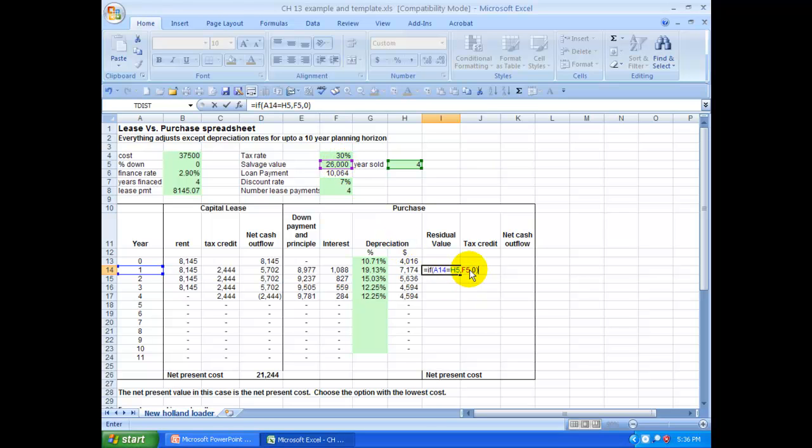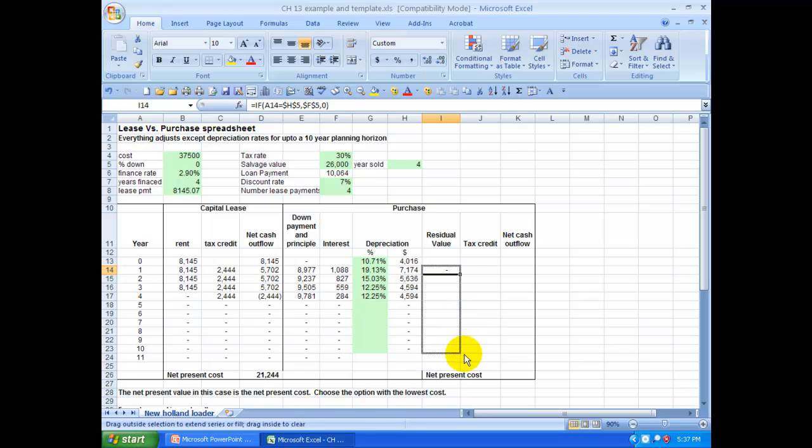And we want this F5 to have an F4 around it because we don't want that to move. And then also the H5 is the same way, an F4 around it. So we get those dollar signs there. And then you drag it down. And you can see that here in year 4, that's where it's putting it, just like it should be.